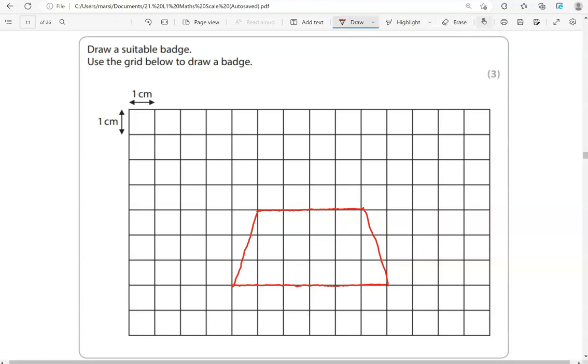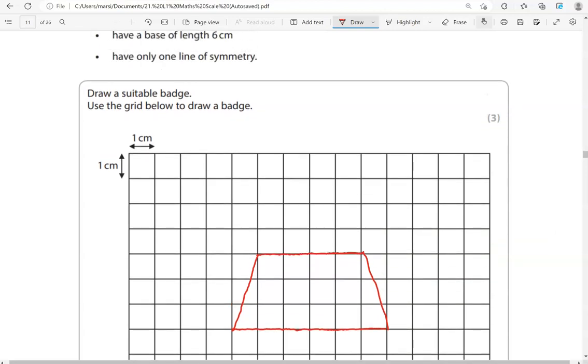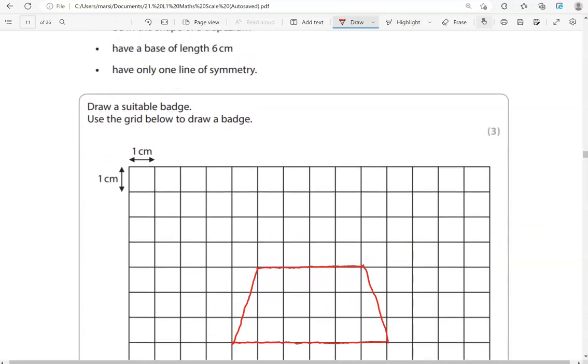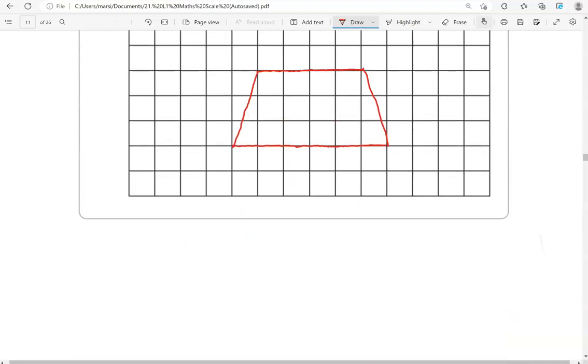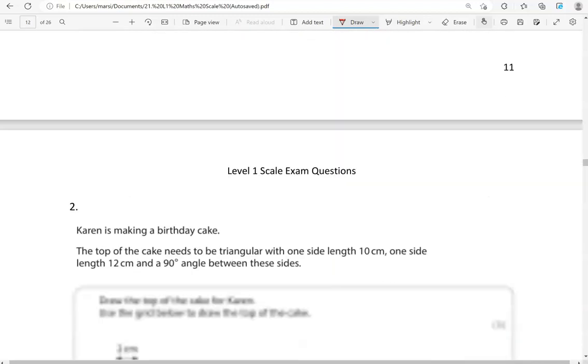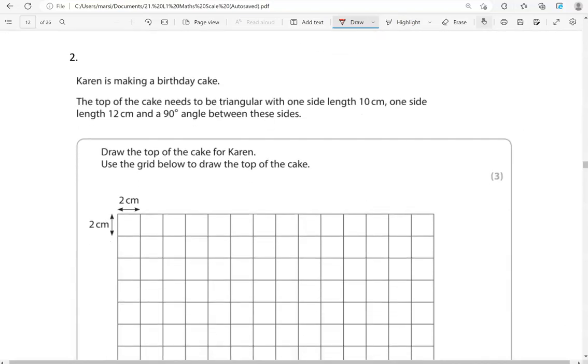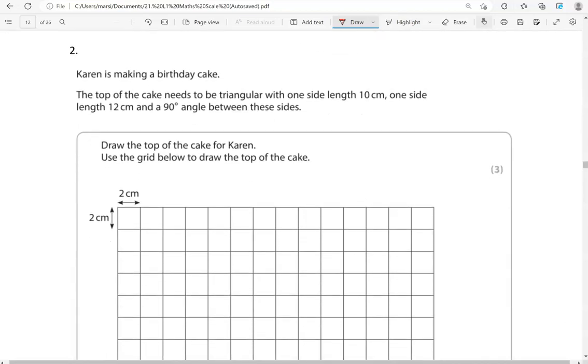And that could be a possible design. It's a trapezium, has the base with length 6 centimeters, it has only one line of symmetry. You need to use a ruler to draw it accurately.